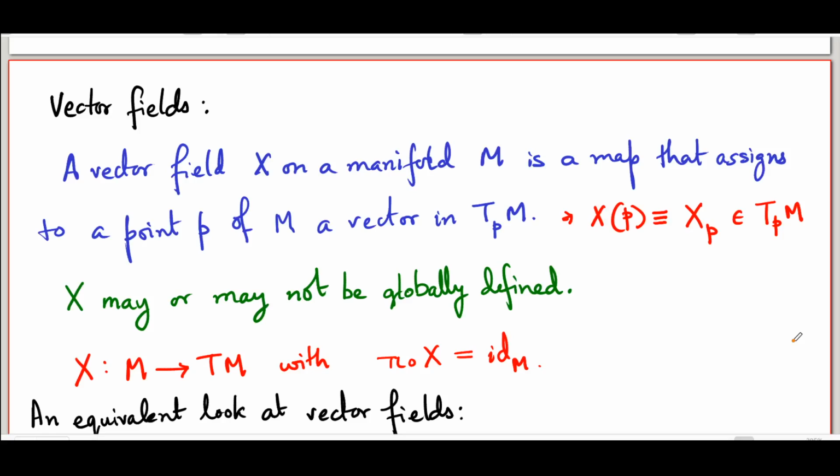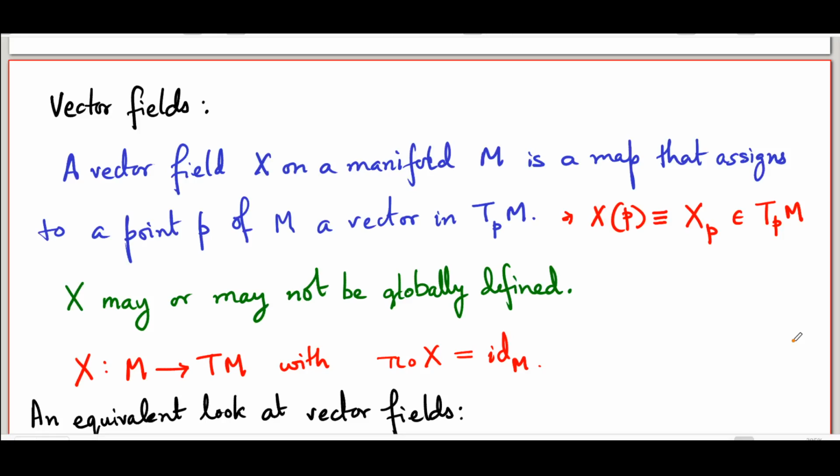So, one important way to characterize a vector field would be the following. It's a map from M to TM, but with this additional property that if you compose it with the projection operator pi following X, you are going to get back the identity on M. So if you take any point P on M and apply the vector field on it, you are going to get a vector which is in T_P M and hence also in TM.